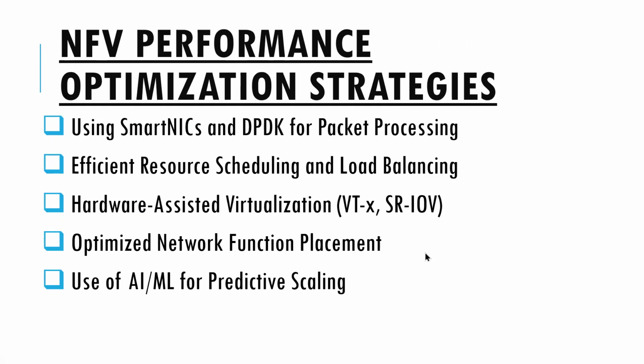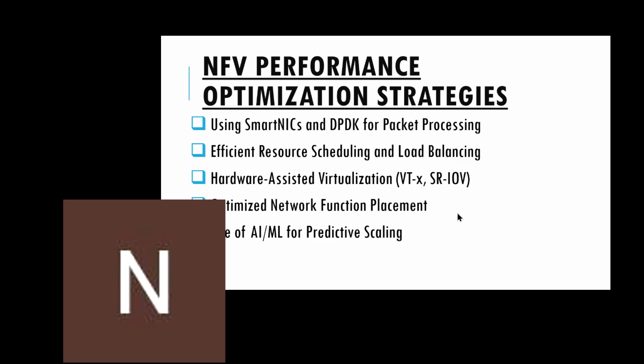With interference between VNFs, one VNF can slow down the others. And optimized placement puts VNFs close to users or resources. AI and ML are used to predict traffic spikes and scale accordingly.